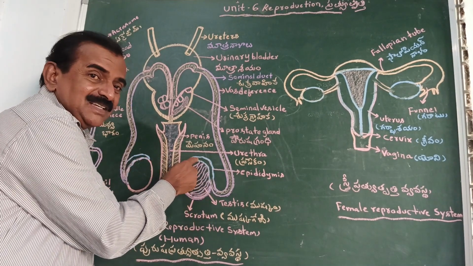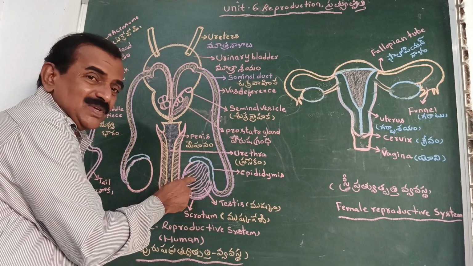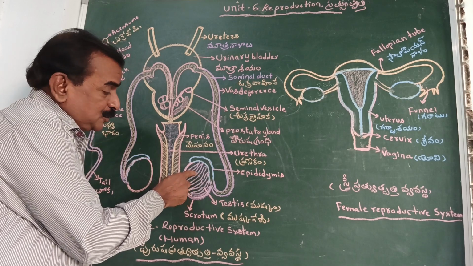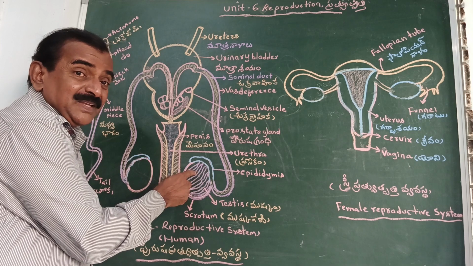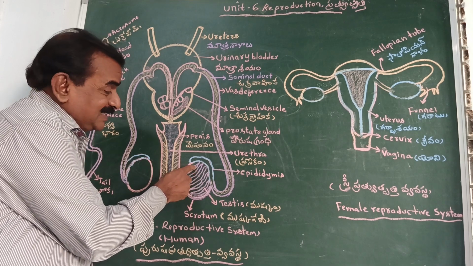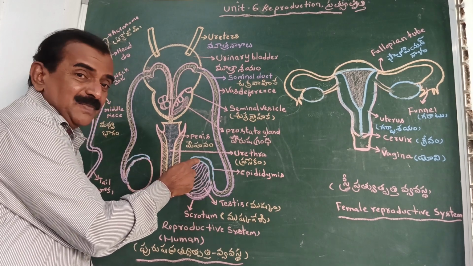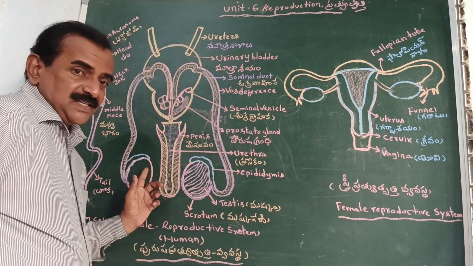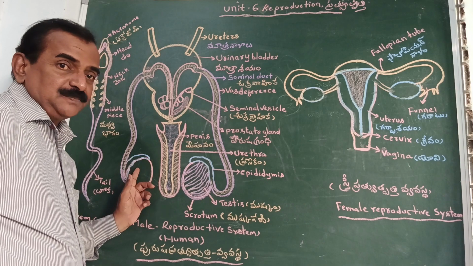Vasa efferentia are tube-like structures, and they open into the epididymis. Sperms are produced and enter the vasa efferentia, and the vasa efferentia open into the epididymis. First, a pair of testes.